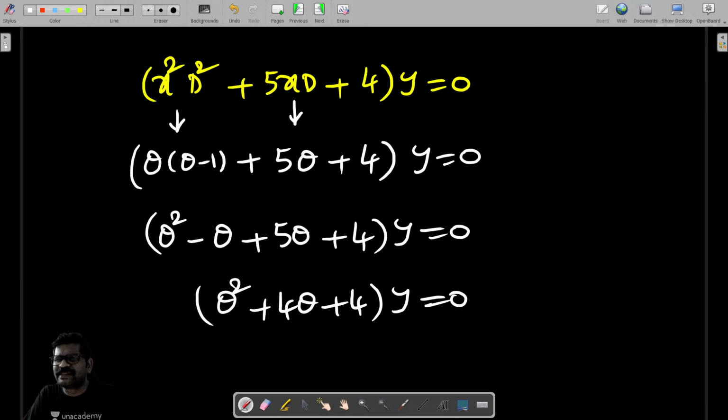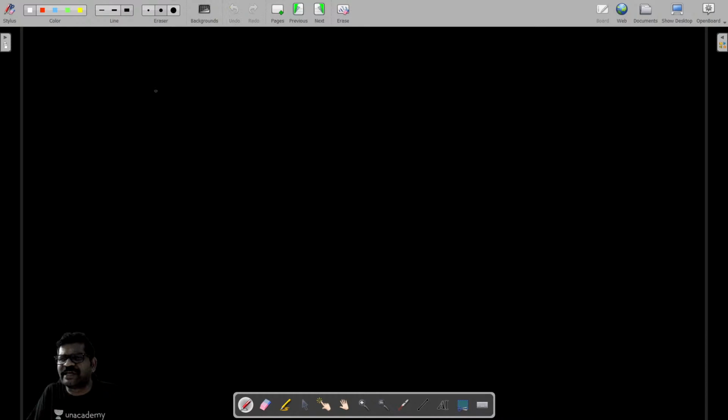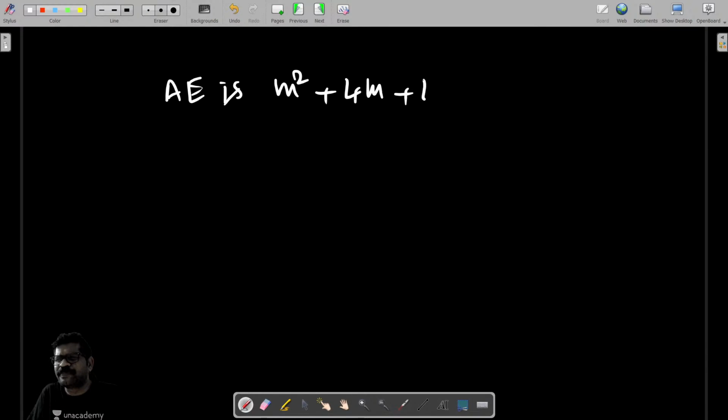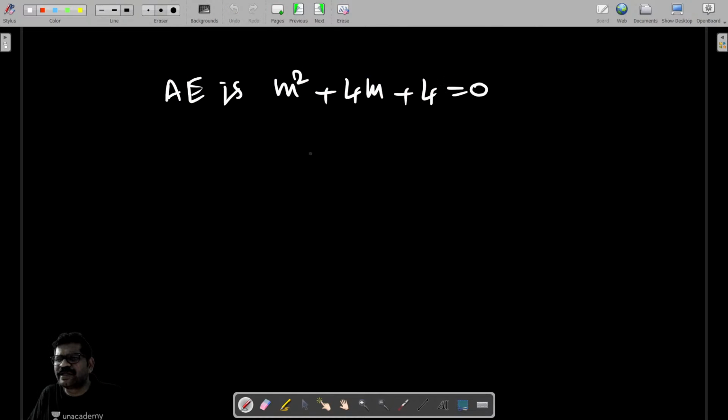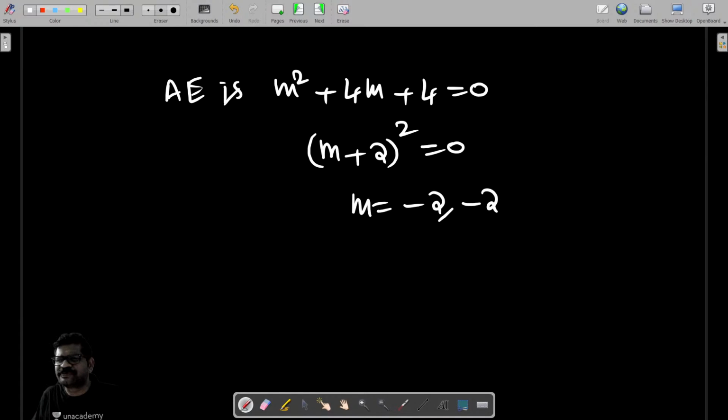Now the auxiliary equation is m square plus 4m plus 4 equal to 0. Now m plus 2 whole square equal to 0, m is equal to minus 2, minus 2.